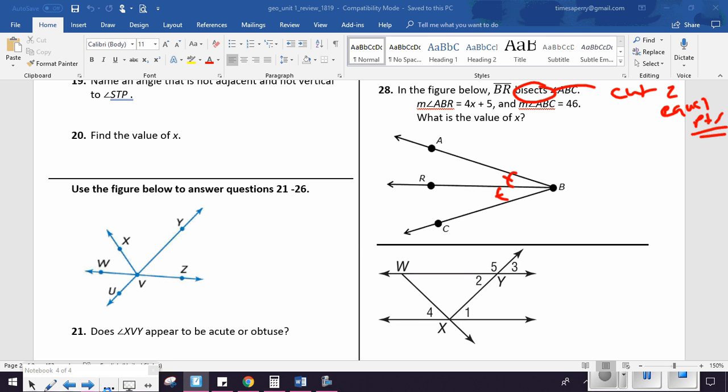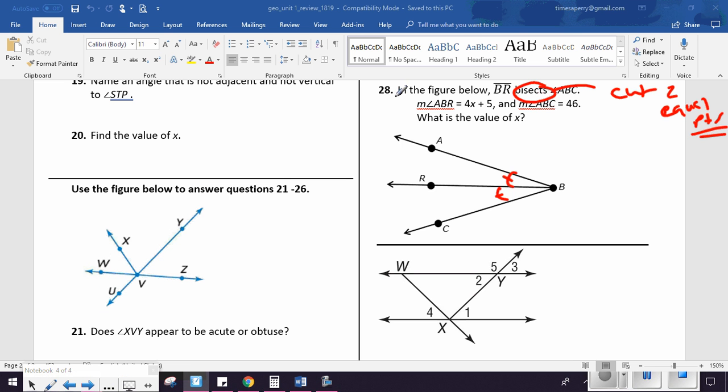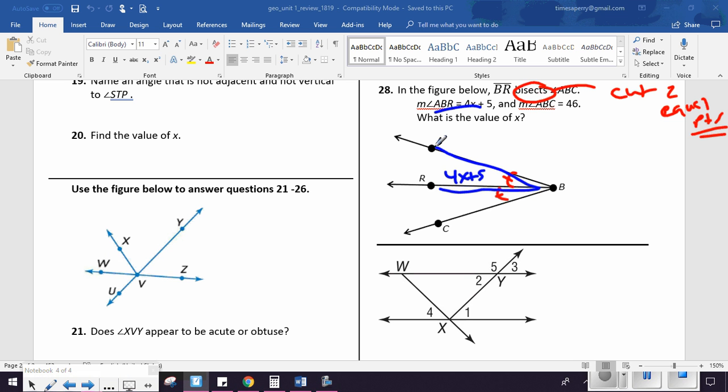Then it goes on to tell us that ABR is 4x plus 5. It also mentions that ABC is 46, so this entire angle is 46 degrees.